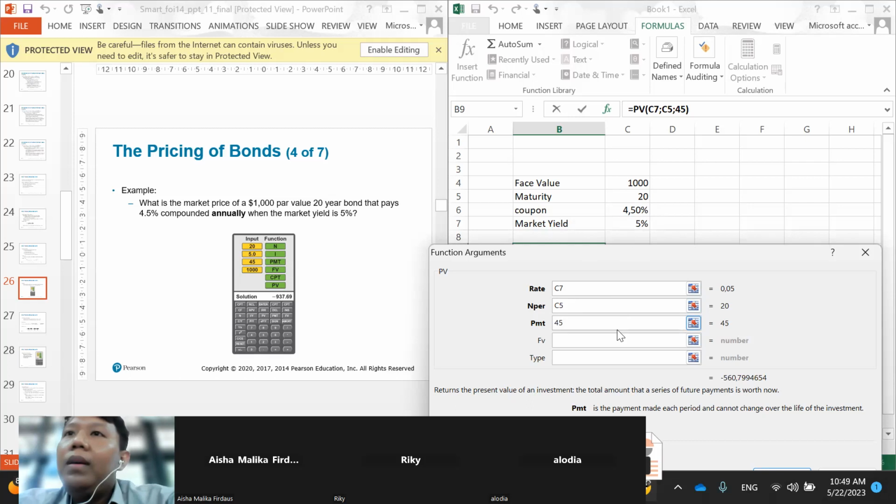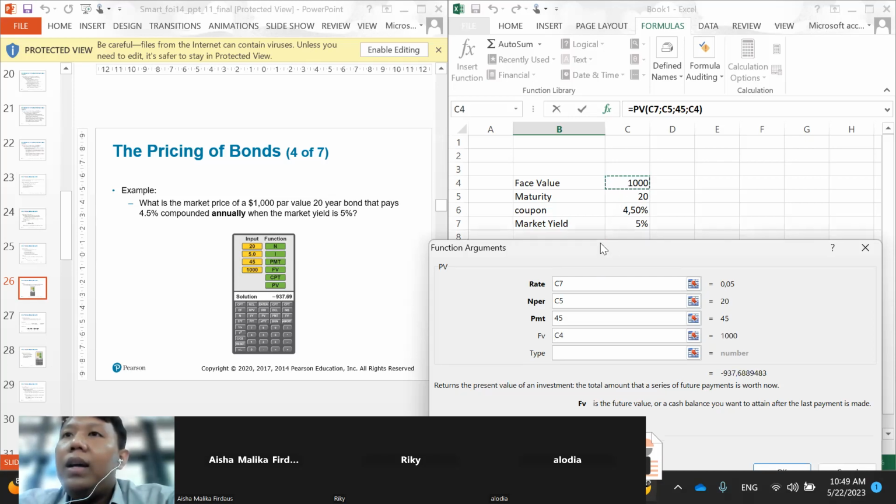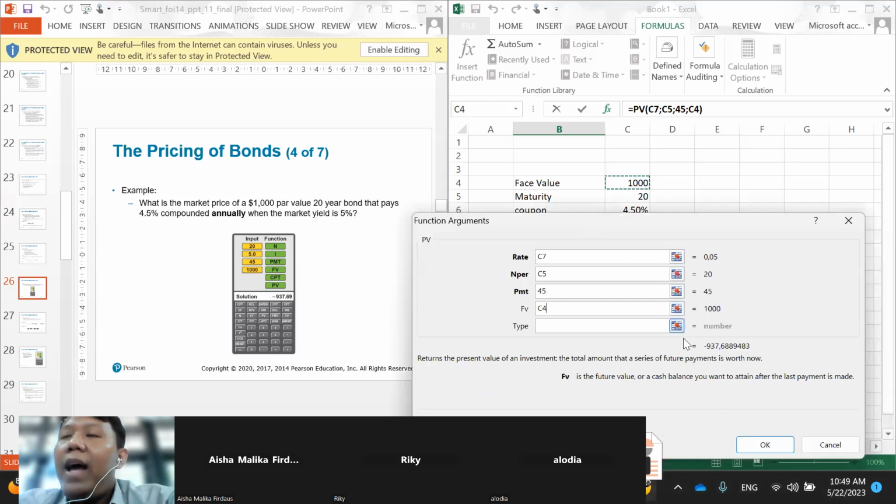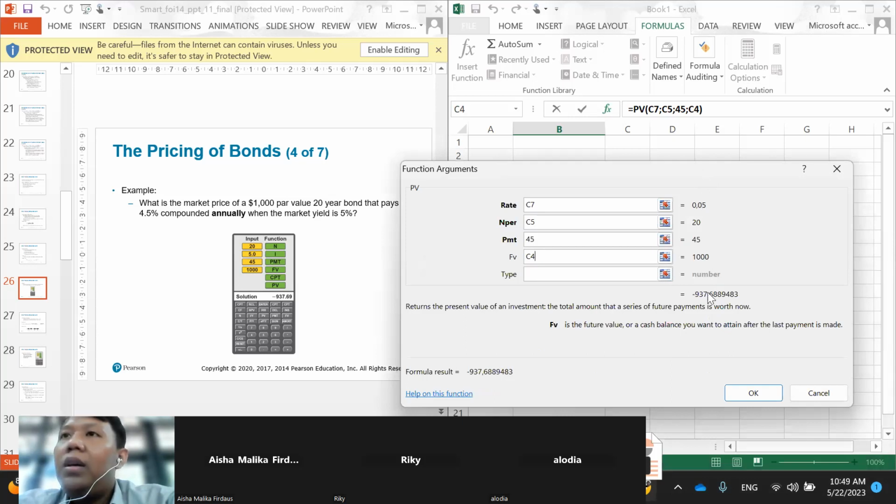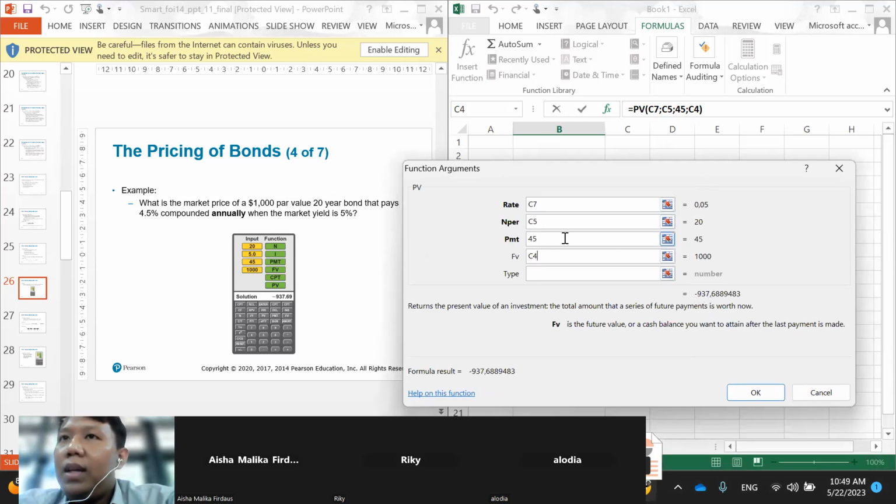And then we have the future value. The future value is the value that we will receive in the future, the face value of the bond, so we will put 1,000 here. Now we have the present value of this calculation.